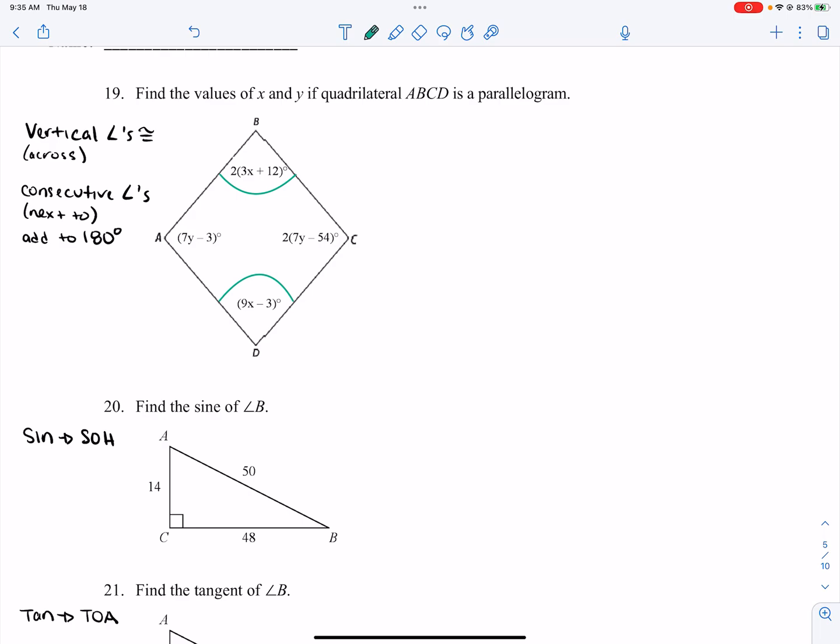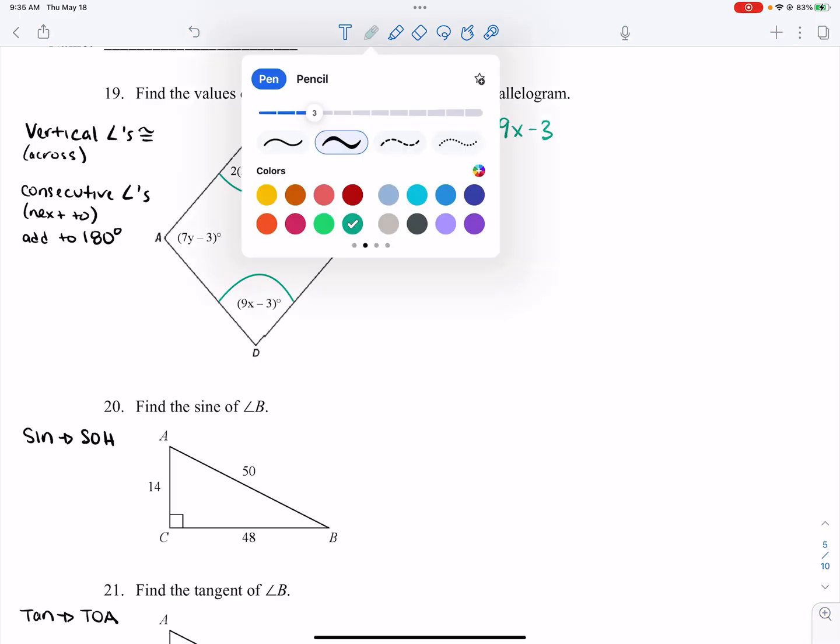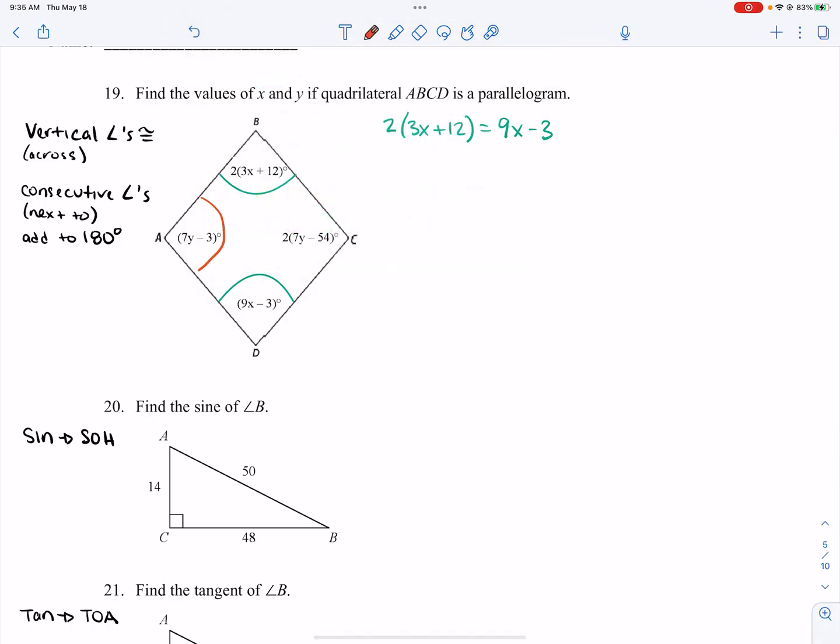So I can find x and y by doing 2 times 3x plus 12 equals 9x minus 3. And then I'm also going to notice that these two are across from each other, so that means that they are equal to one another.